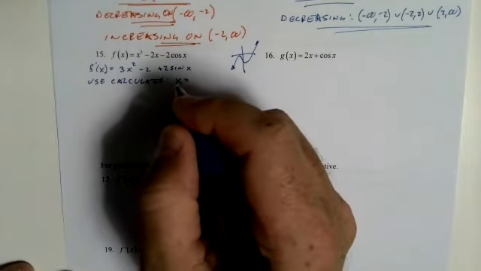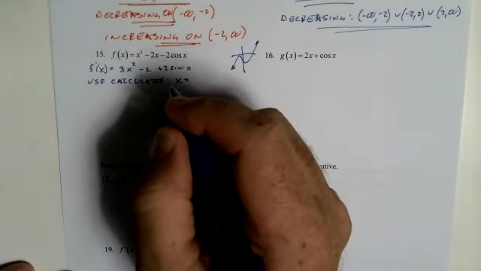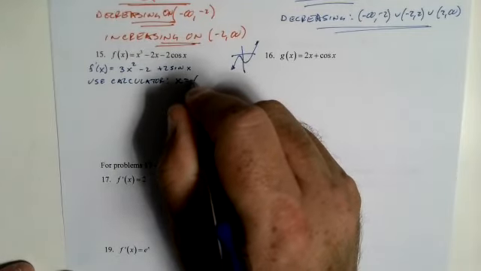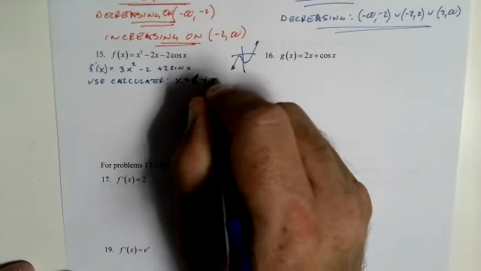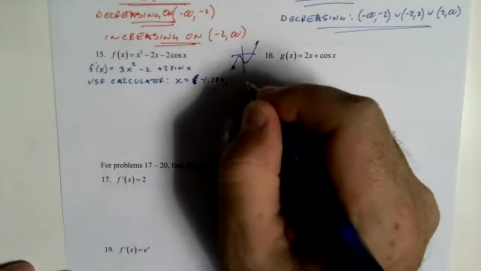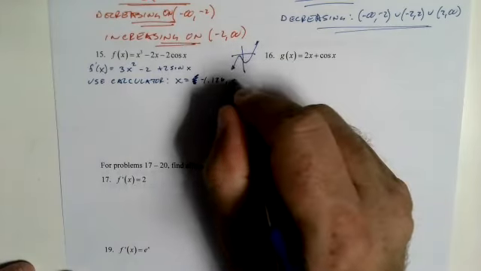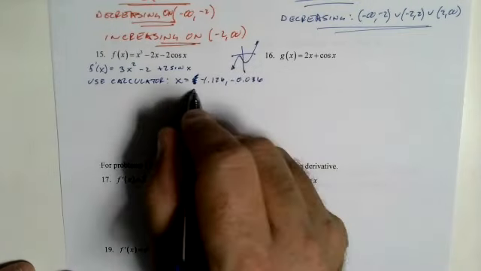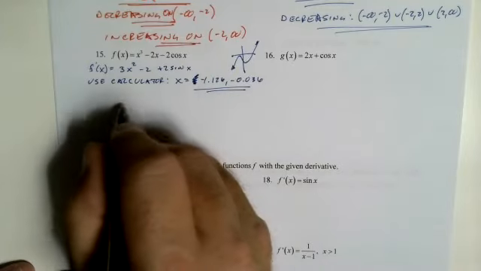And it's at negative 1.126, 1.126, and negative 0.036.